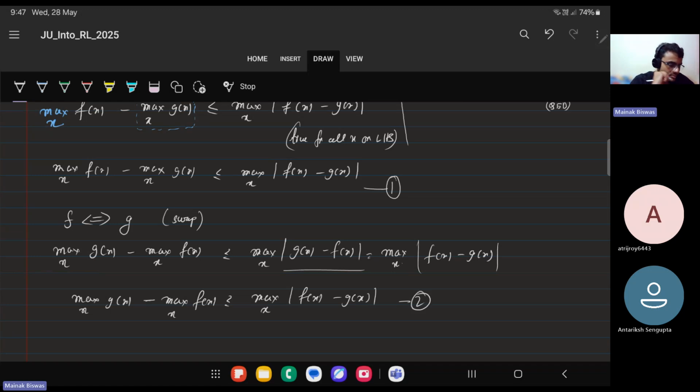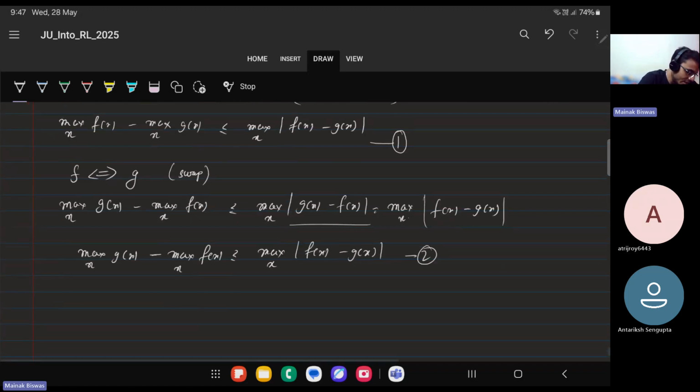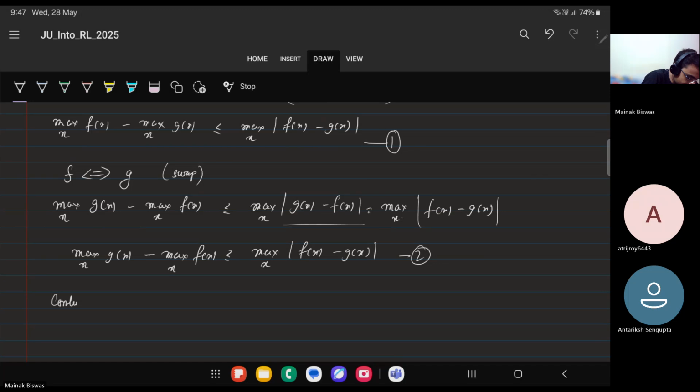Number 2. So combining 1 and 2, what do I get? See, both a minus b and b minus a are less than x means mod of a minus b is less than x. Yes or no?